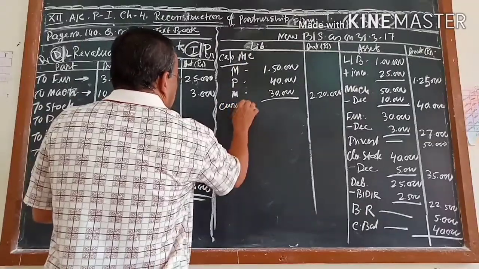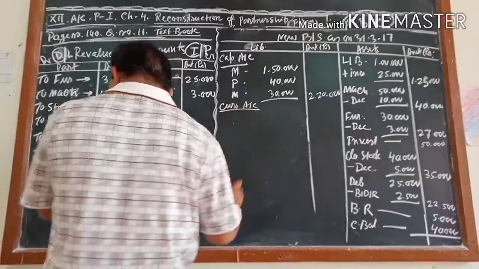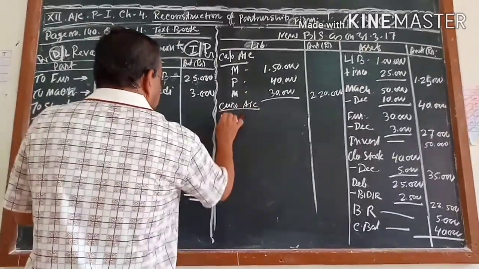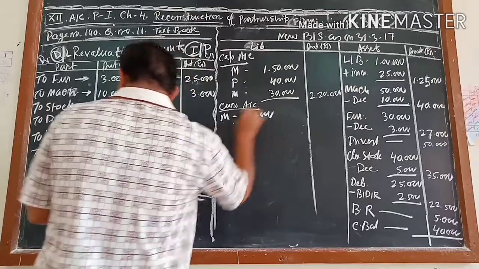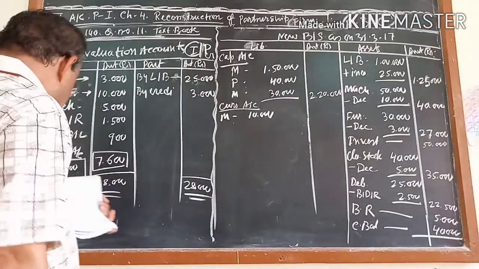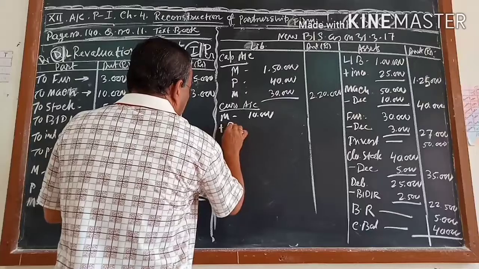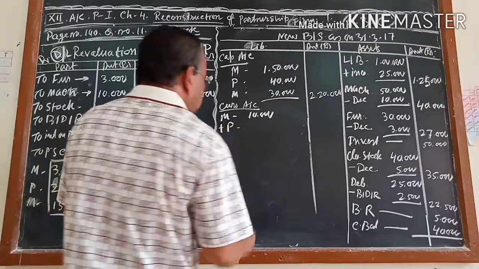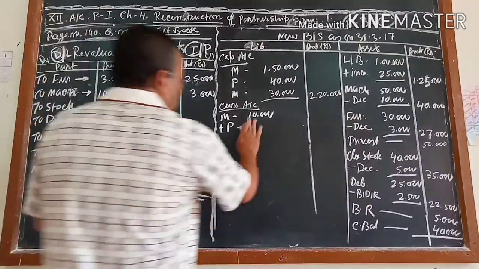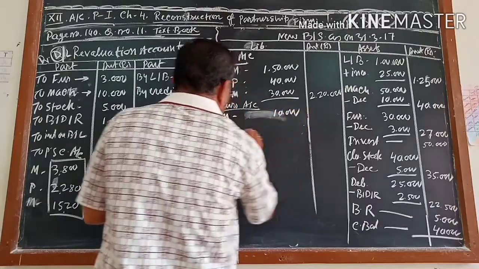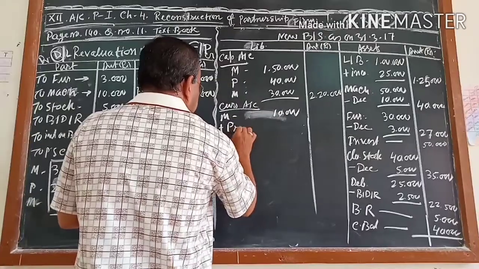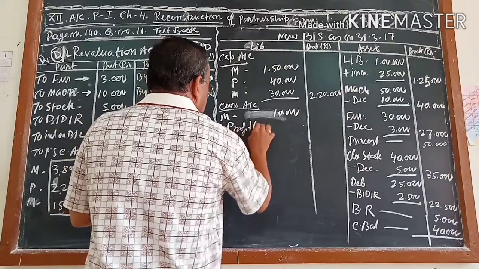Now, current account. Current account of N, it was 10,000 and you add the profit from the revaluation account.